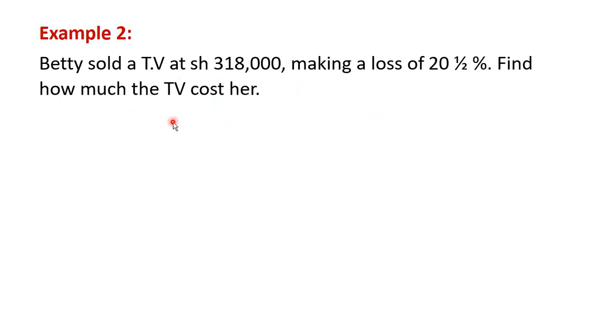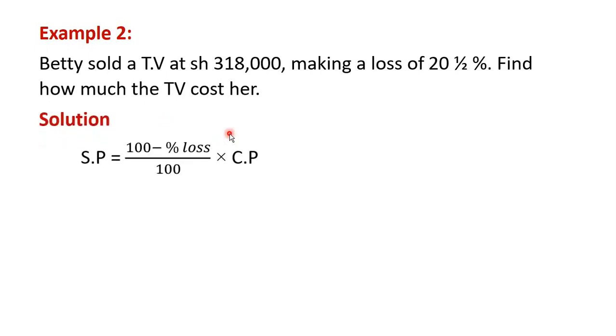Here we still have two methods. We can use the formula for the selling price, and we can also use the formula for the cost price. Let's start with the selling price: selling price is equal to (100 minus, because it is a loss, the percentage loss) divided by 100 times the cost price. Substituting, the selling price is 318,000 shillings and the loss is 20.5.